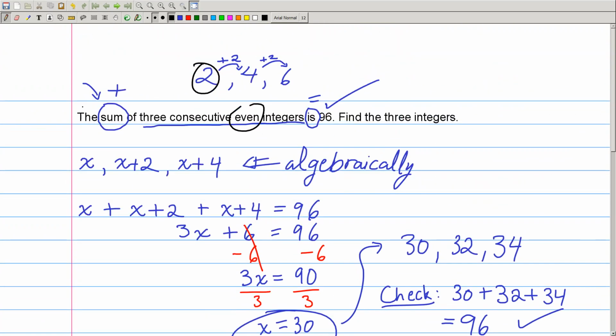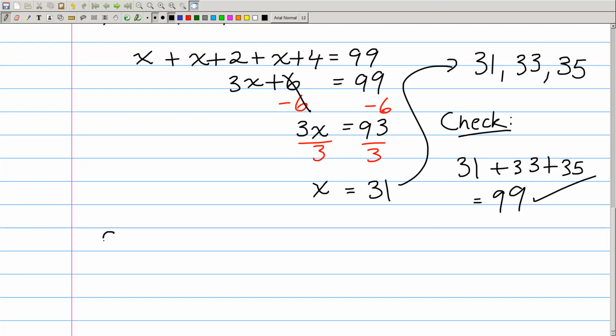Now, let me write down the steps. Step 1: look for keywords. And this is true for any word problem, by the way. Look for keywords.